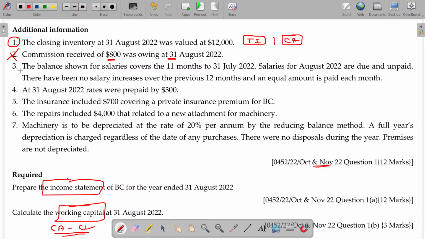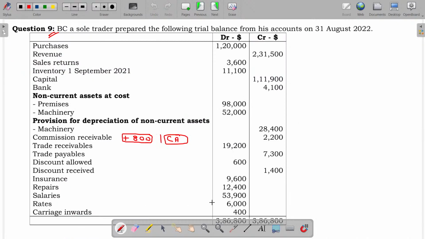Third one, the balance shown for salaries covers the 11 months to July 31st, 2022. Salaries for August 22 are due and unpaid. There have been no salary increases over the previous 12 months and an equal amount is paid each month. So currently only 11 months of salary is available here, you have to add one more month. The salary remains constant every month. Here the salary being 53,900 is for 11 months.